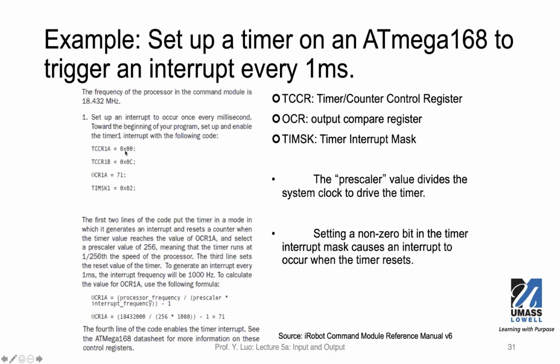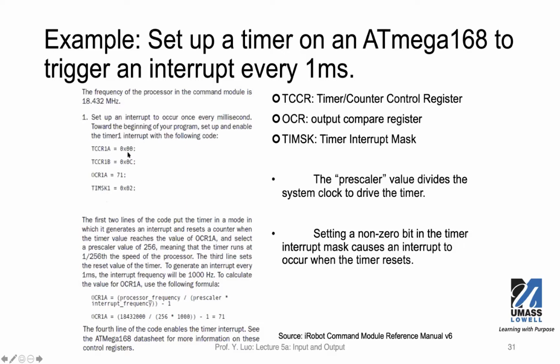You will see these names differ from microcontroller to microcontroller, but you will always find something similar. The first 2 lines of the code will put the timer in a mode that it will generate interrupts and reset the counter when the value reaches the value of OCR1A.